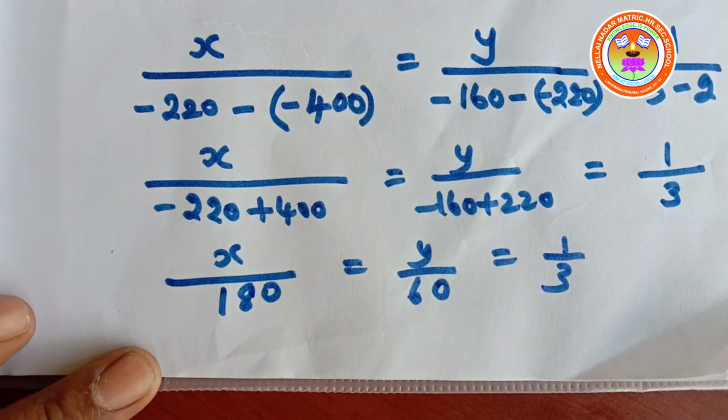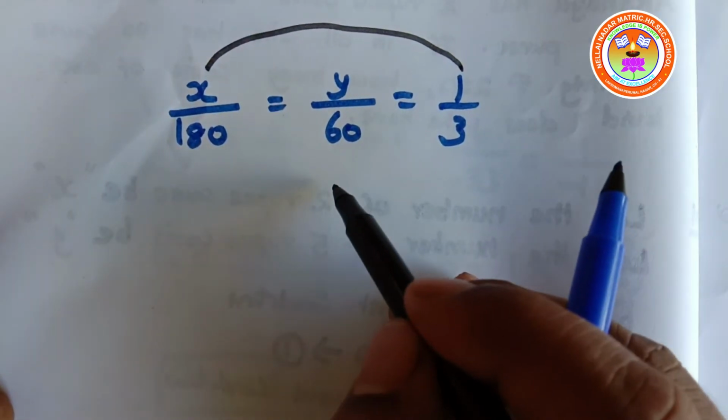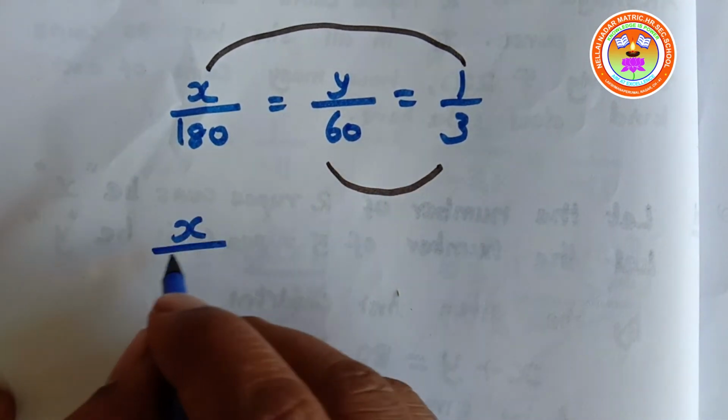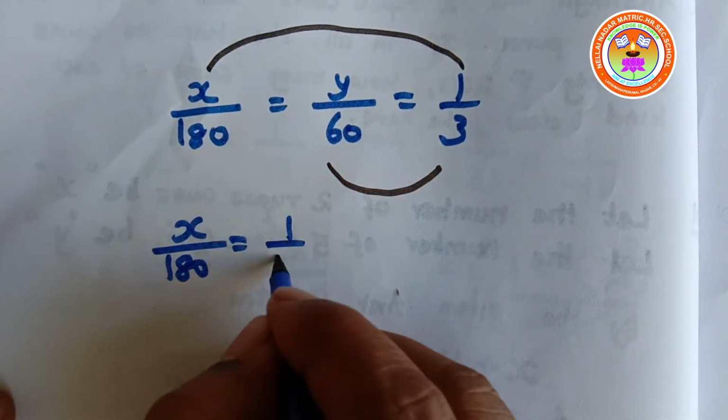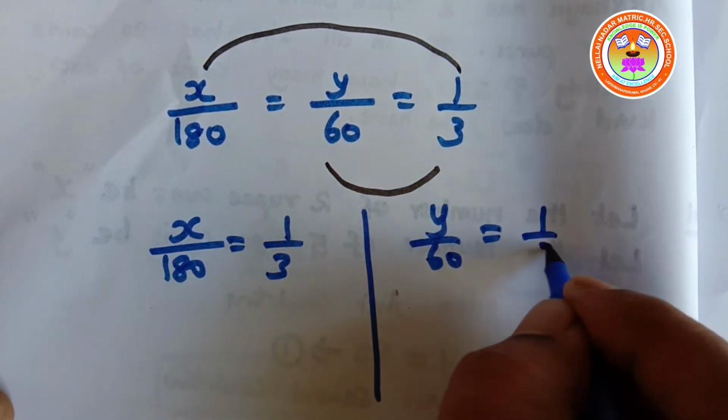It's clear children. So x by 180 equal to 1 by 3. y by 60 equal to 1 by 3.